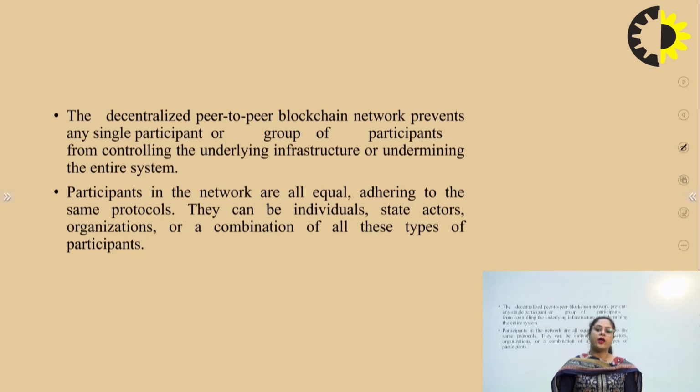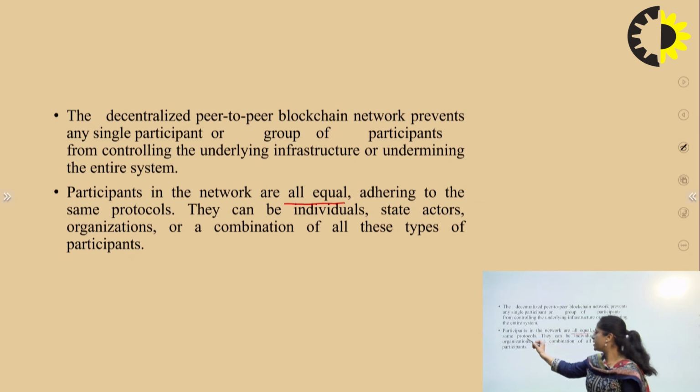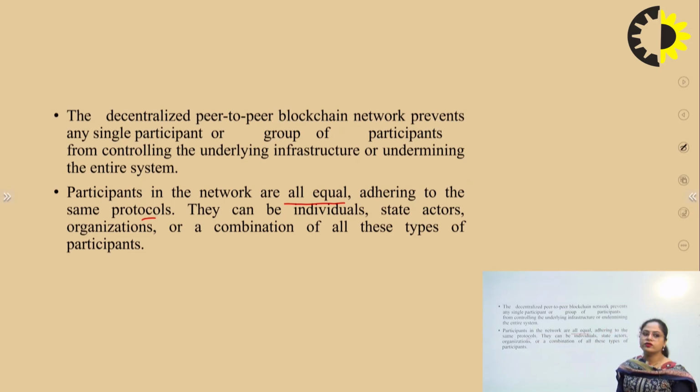Everybody included in the decentralized network can access this data, can access these transactions, can update their ledger and has full authority to access those transactions. Participants in the network are all equal, adhering to the same protocol. They can be individuals, state actors, organizations, or a combination of all these types of participants.